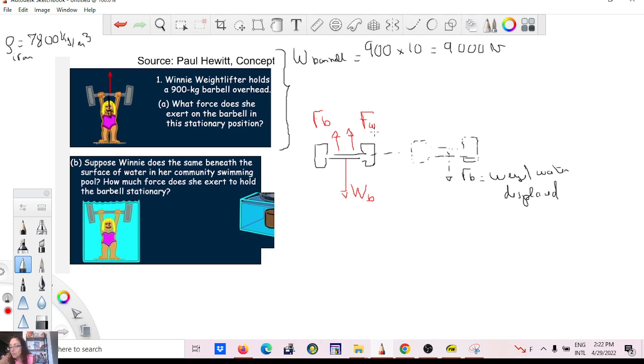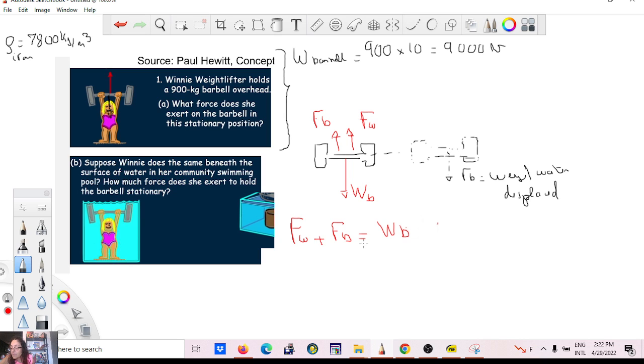That's what we want, the force from Winnie. And you know that because it's equilibrium, the force from Winnie plus the buoyant force, up, equals the weight of the barbell, WB.